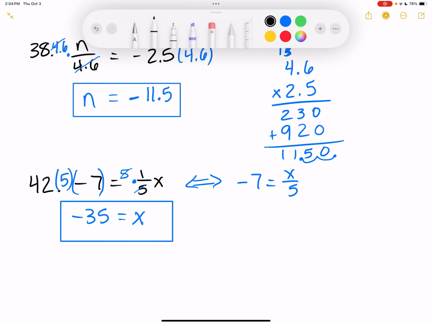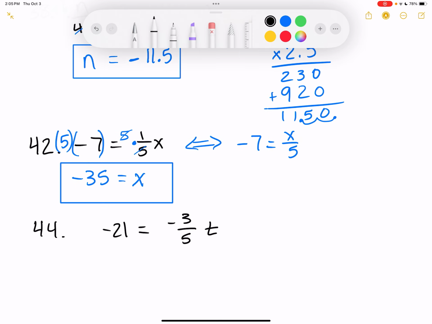Now this next one's going to look a little different, but I'm going to do the exact same thing. 44. Negative 21 equals negative 3 over 5 times t. Okay? So I'm going to leave this one again in this fraction form.